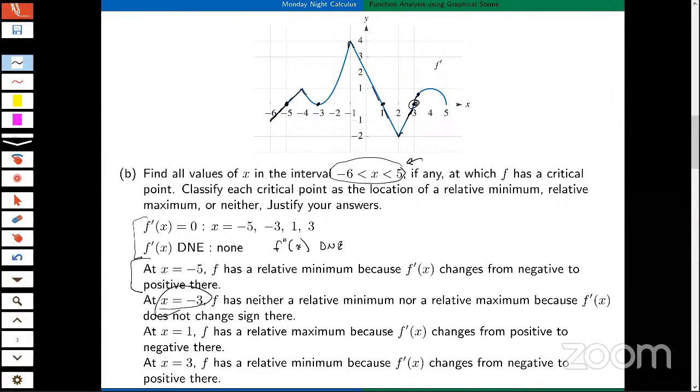Now, let me try to address at least one of the questions that Mark Corrali sent. Somebody asked, are there critical points at the endpoints of the domain? Well, I don't think that there's necessarily consistency here across all textbooks.